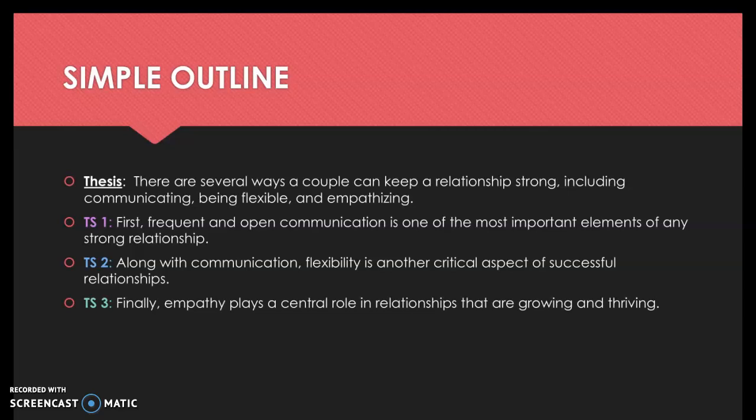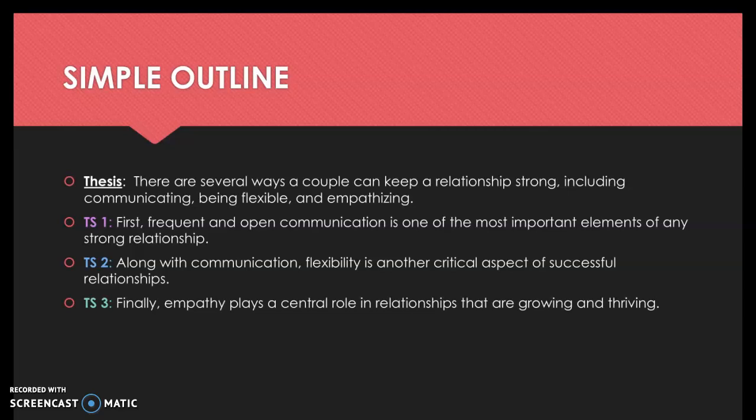Along with communication, flexibility is another critical aspect of successful relationships. And then finally, the third topic sentence. Finally, empathy plays a central role in relationships that are growing and thriving. And you can see that each of those topic sentences matches up with one of the elements of the thesis statement: communicating, being flexible, and empathizing.